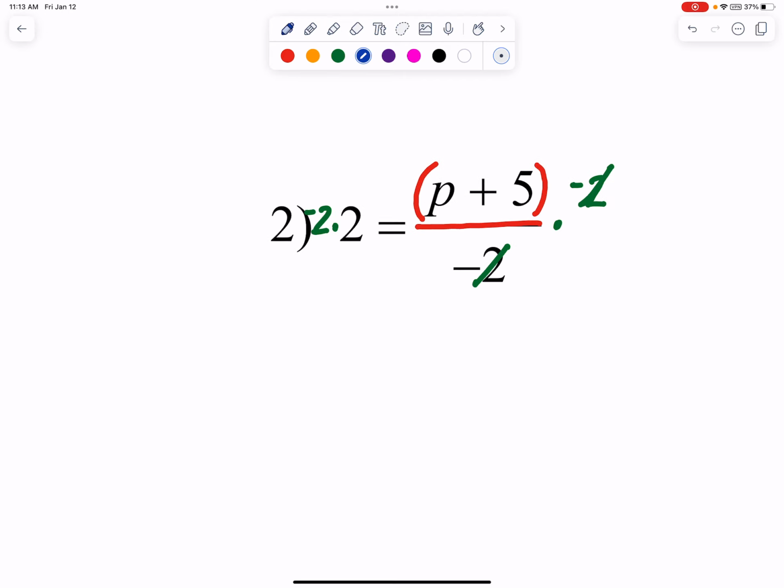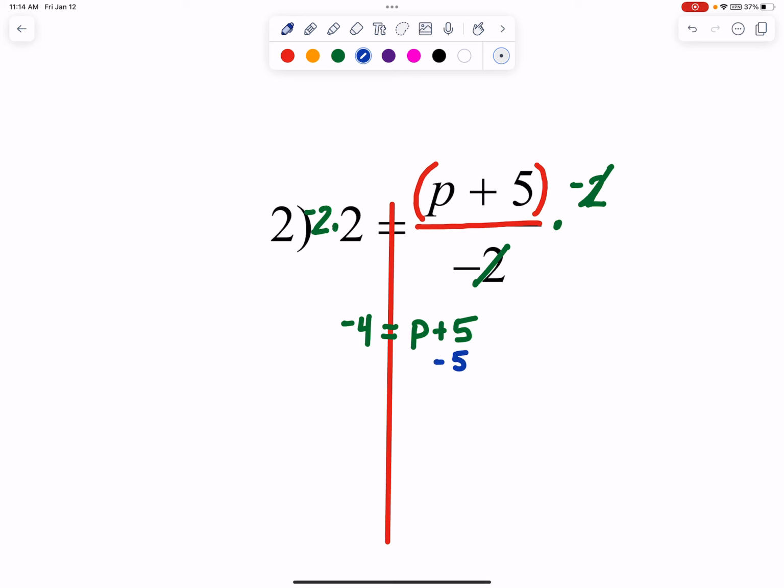Okay, so I'm going to go ahead and separate my workspace. I don't want to forget about that. And then here we go. We can go ahead and take our time with this now. So 2 times 2 is 4, but it's going to be a -4 now, equals p plus 5. Now that my parentheses are gone, because they're not in a numerator or anything like that, I can go ahead and start isolating the variable.